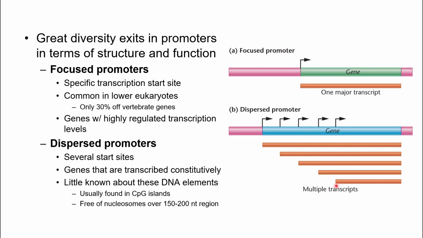There's a lot of research that needs to be done on dispersed promoters, especially when you consider that they make up 70% of our genes, because we're vertebrates. What we do know is that they're usually found in CpG islands, and that they don't have nucleosomes around them.